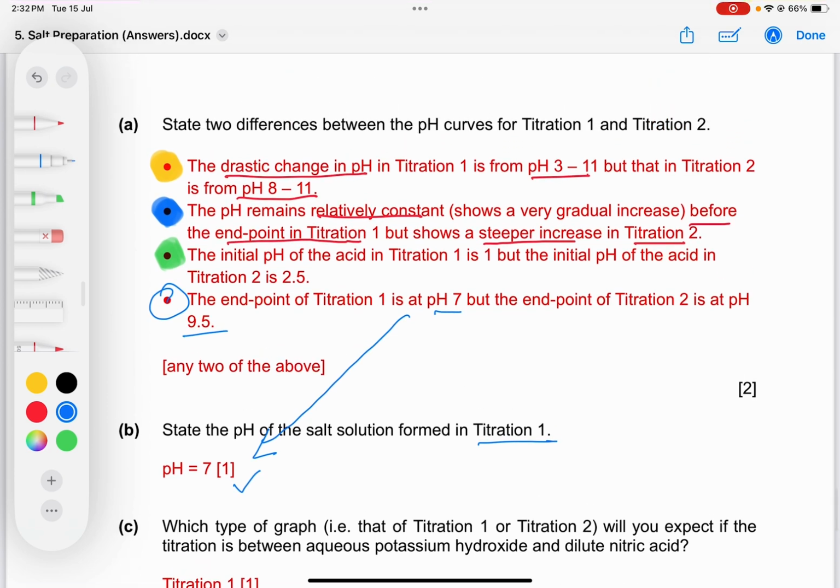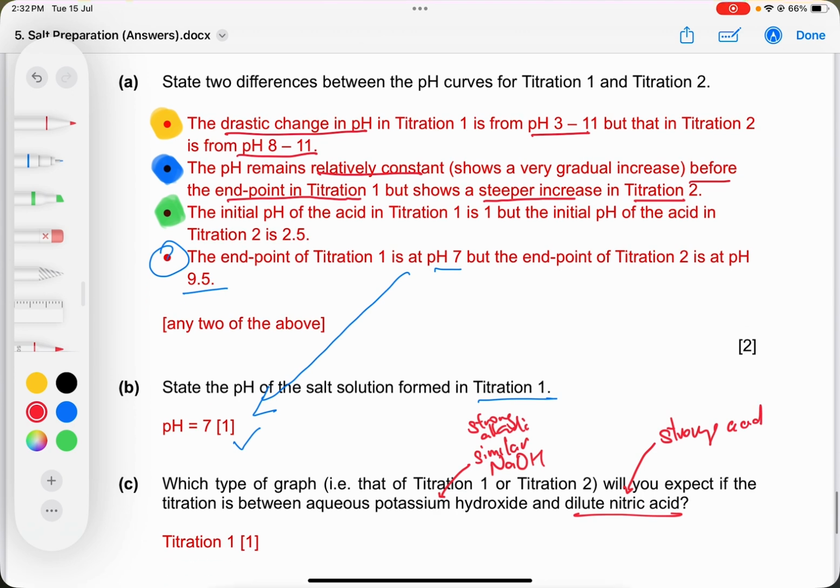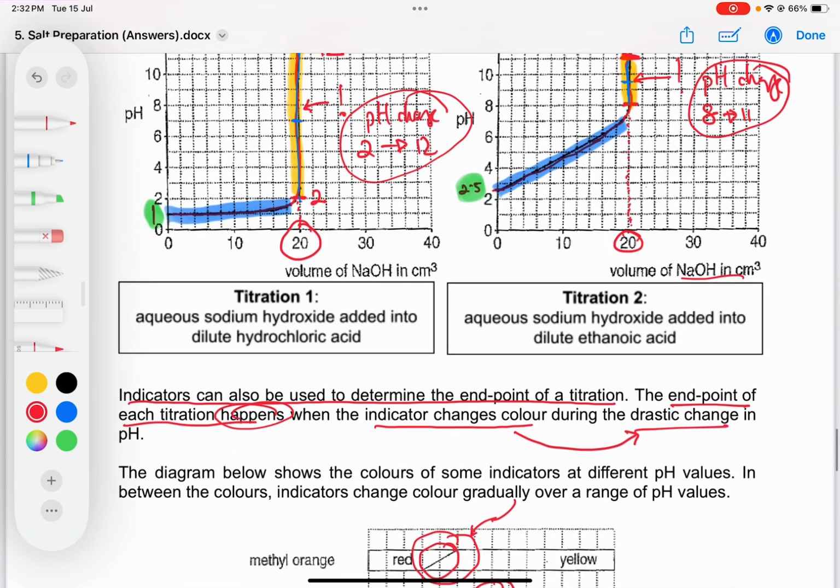Which type of graph would you expect if titration is between potassium hydroxide and dilute nitric acid? This is similar to sodium hydroxide. They are both strong alkali. Dilute nitric acid is a strong acid. So this is very similar to strong acid with strong alkali, and hence it is titration 1.